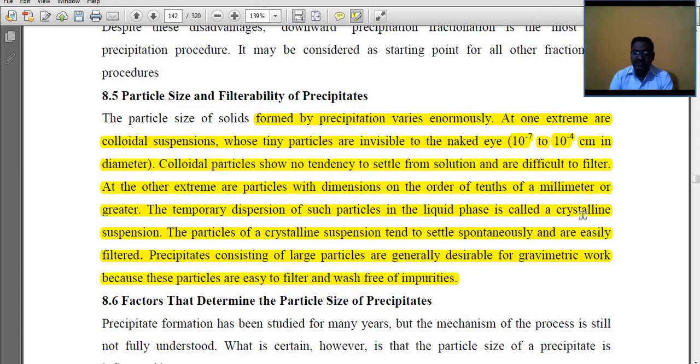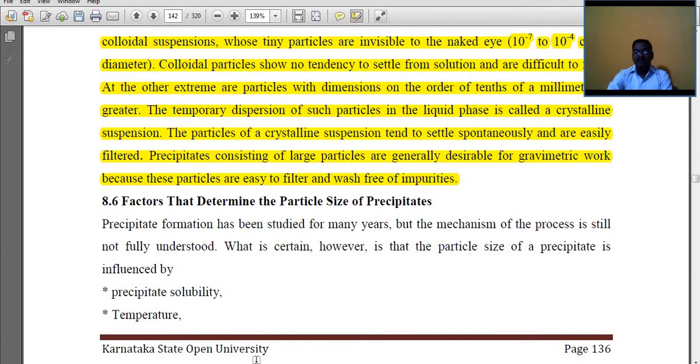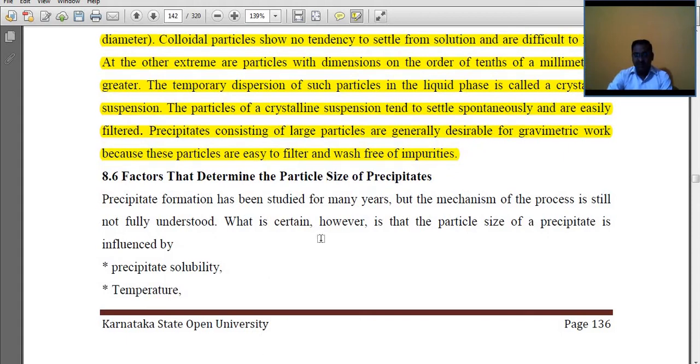Precipitates consisting of large particles are generally desirable for gravimetric work because these particles are easy to filter and wash free of impurities. What are the factors that determine the particle size of precipitates?